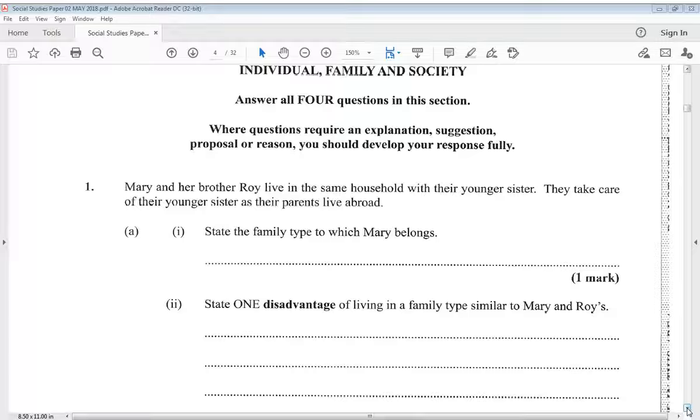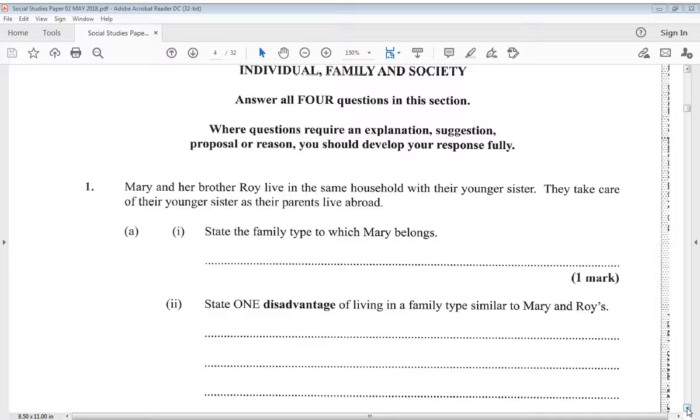Another disadvantage you could give is that in a sibling household there is usually a lack of adequate supervision. So that's another disadvantage, lack of adequate supervision.